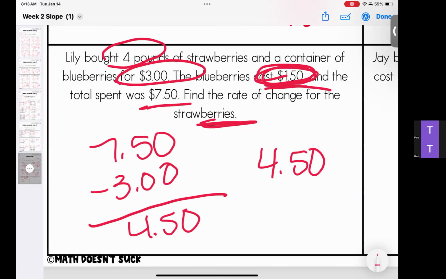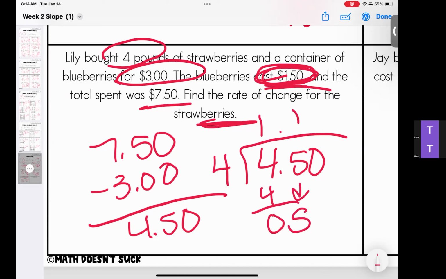All right, so if we said that the blueberries were $3 and we had 4 pounds of strawberries, it's going to go in once. Could say about $1.12, and that's if you did the $3 berries.